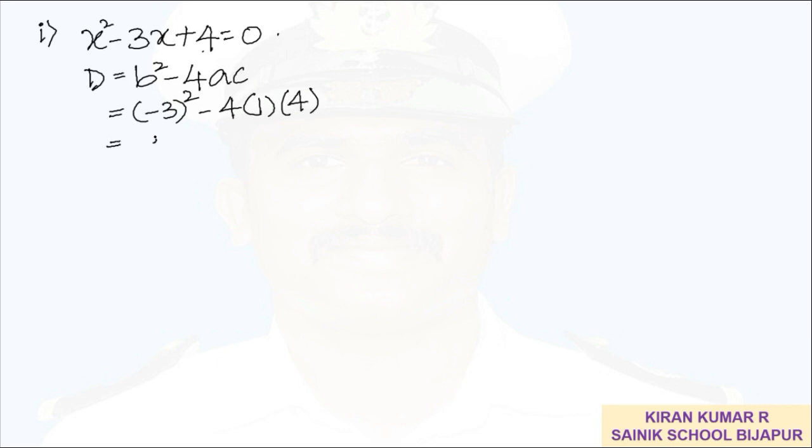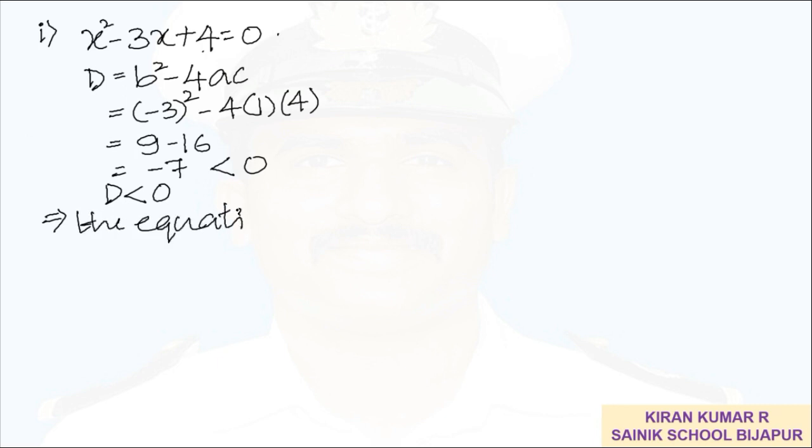We get 9 minus 16, which is equal to negative 7, which is less than 0. Whenever d is less than 0, we have no real roots. This implies the equation has no real roots.